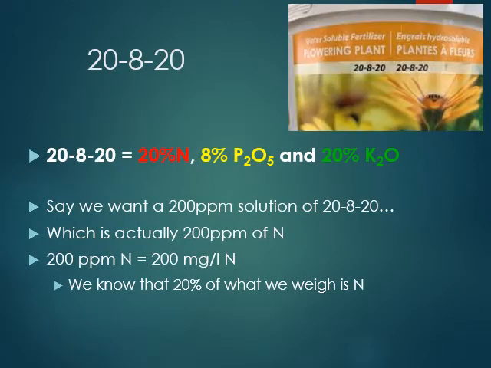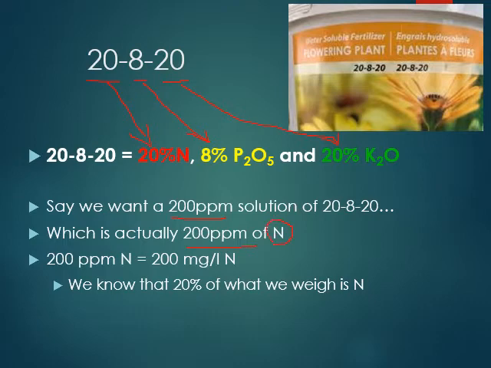When you look at a fertilizer bag, 28-20-20, what it's referring to is percentages. So 20% nitrogen, 8% phosphorus, and 20% potassium. So if, for example, I'm being told we need a 200 ppm solution of 28-20-20, we're actually referring to 200 ppm of nitrogen.